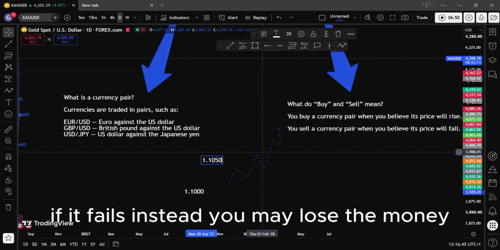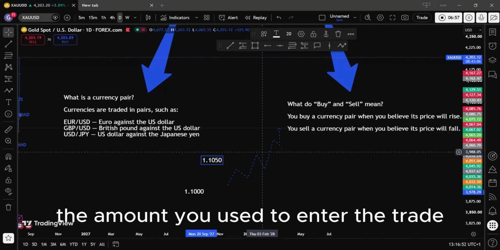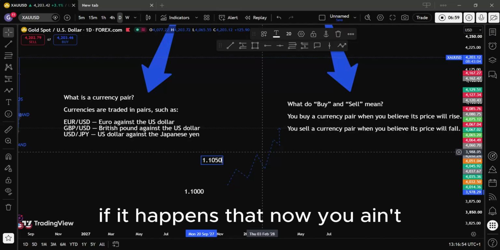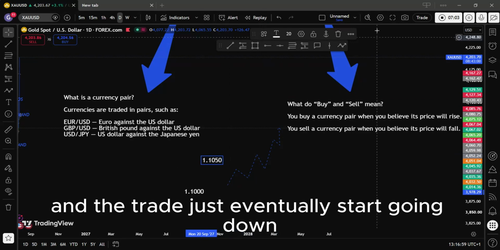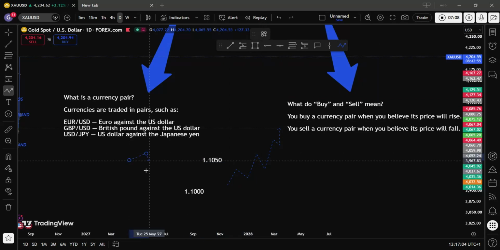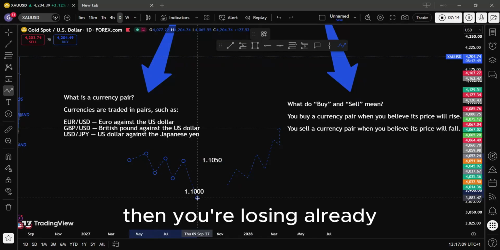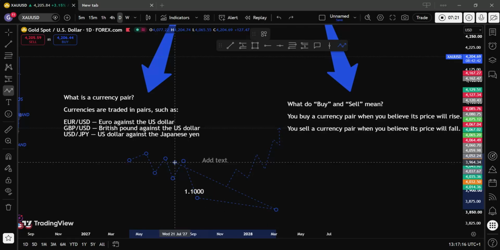If it fails, instead, you may lose the money, the amount you used to enter the trade. If it happens that you click on buy and the trade just eventually starts going down, then you're losing already.